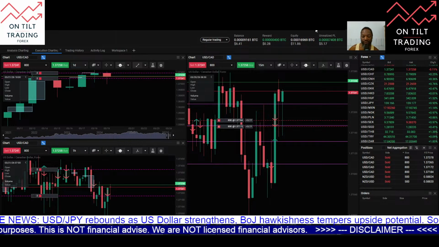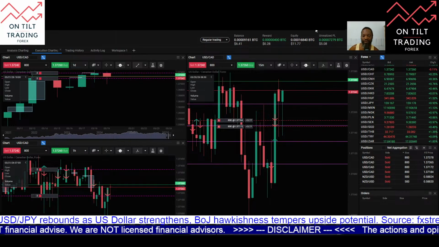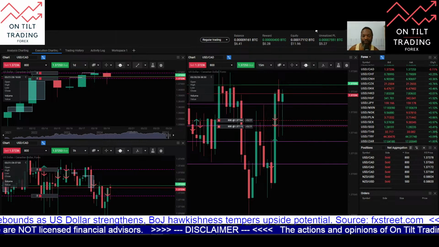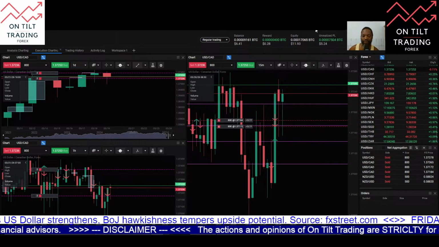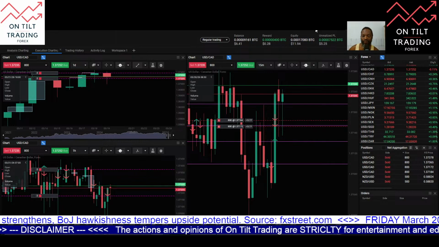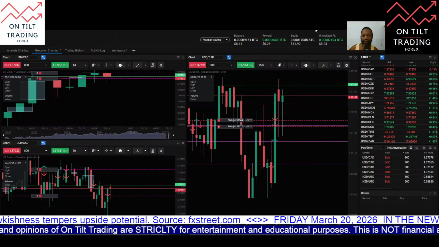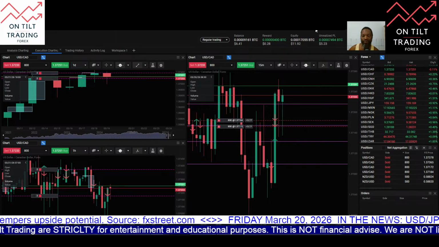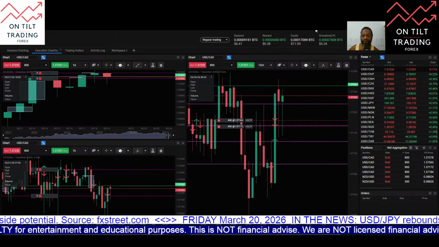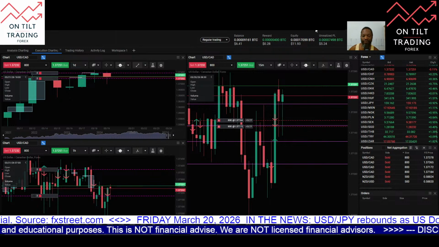So with this type of reaction before even reaching the gap, I would imagine that either this is going to stop me out or this is collecting orders to deliver further to the sell side, but we will see.